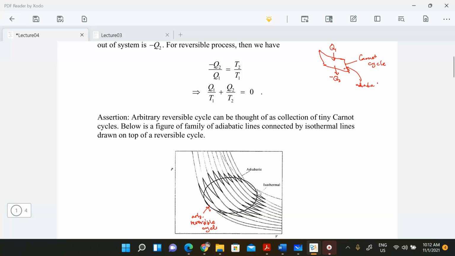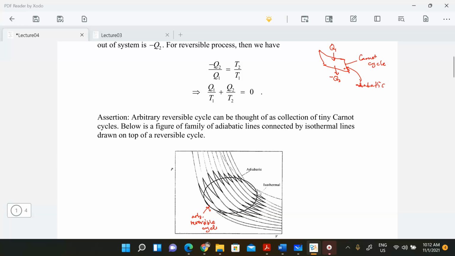So over here on the picture from the book, here's the family of adiabatic curves. You can actually see it's been drawn. And there's also the isothermal curve, which is given for this part in the Carnot cycle.